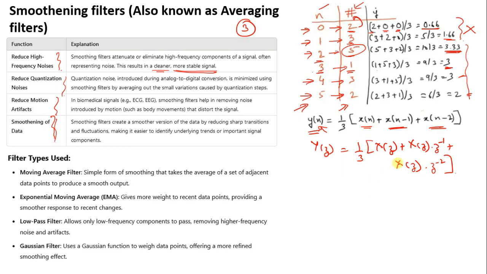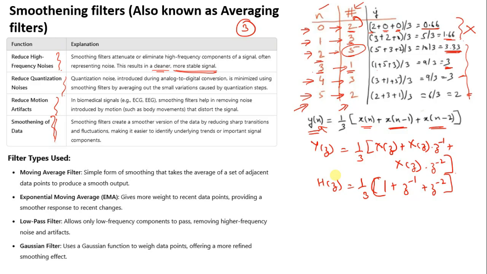Then what would be the transfer function? 1 plus z inverse plus z to the power minus 2, divided by 3. If I ask you to implement this filter, you should be able to do it. If I ask you to find out the amplitude response, you should be able to do it. If I ask you to find out the phase response, you should be able to do it.